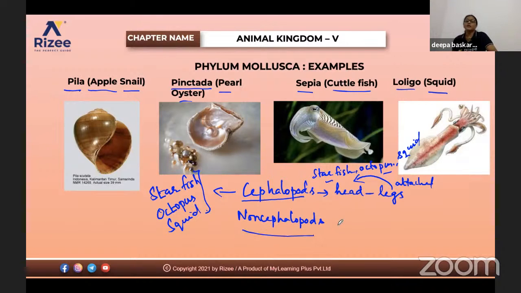All others have legs not attached to the head, but present at the ventral side of the body.